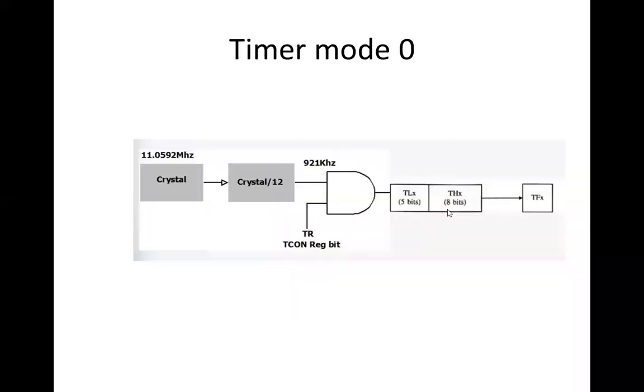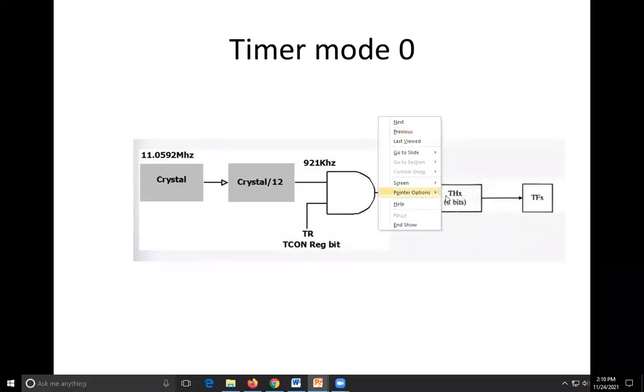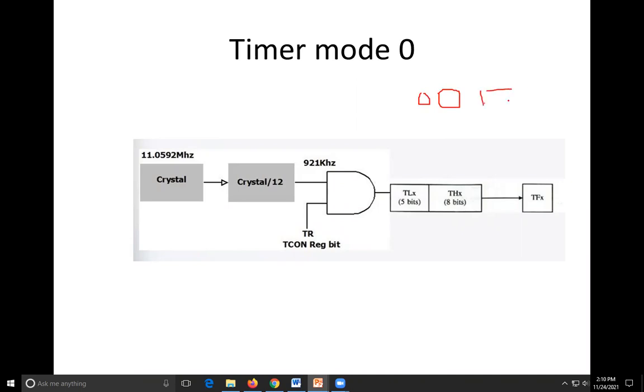See, what is the meaning of 13 bits? Suppose you are counting, for example, with 2 bits used, then counting is from 00 up to FF. For the TLX with 13 bits, counting is from 0000 to 1FFF. So we do 13-bit counting here. And if it overflows, counting will stop. Suppose with 8 bits we count 00 to FF; after this FF your counter will overflow, starting again from 00.